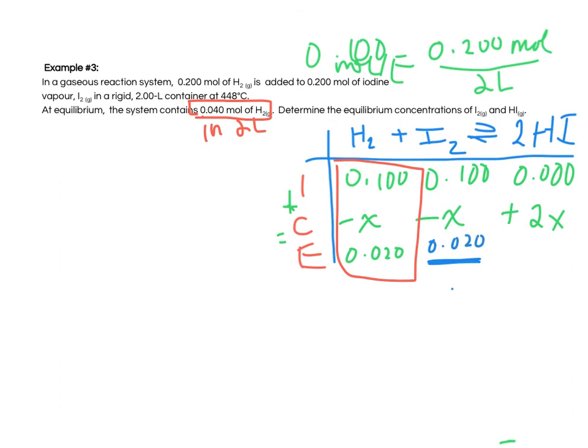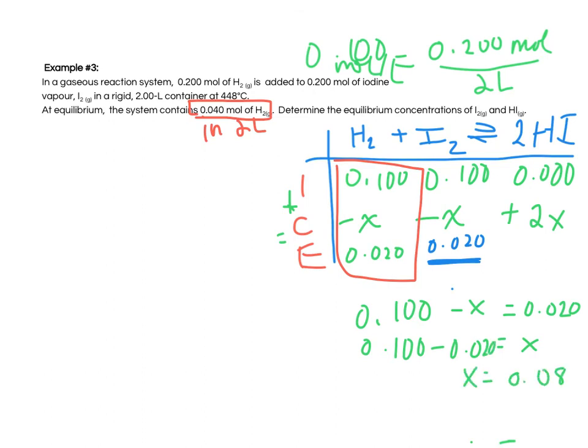But let's just go through the motions. So I'm going to pull this equation out here. 0.100 minus X equals 0.020. So, isolating X, 0.100 minus 0.020 will give me a value for X of 0.080, and that's of course in moles per liter.